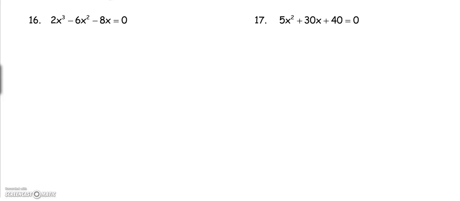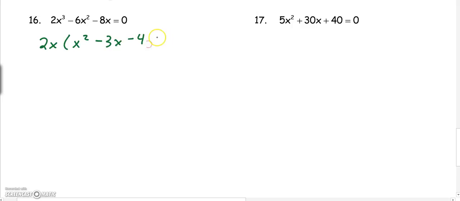16. I have to look for a GCF. So the thing that everything has in common is a 2x, which leaves me with x squared when I decrease my exponents and divide, minus 3x minus 4 equals 0. So I need to find numbers that multiply to negative 4 and add to negative 3. So I need a negative and a positive number. So I'm going to have negative 4 and positive 1.